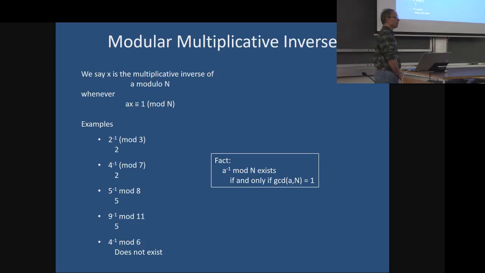Now, let me warn you at the outset. There are two skills. There is understanding the algorithm for computing modular multiplicative inverses, and there's being able to compute modular multiplicative inverses for small numbers. And few things are sadder on the final than when I give a question like, what's the inverse of 5 mod 8?